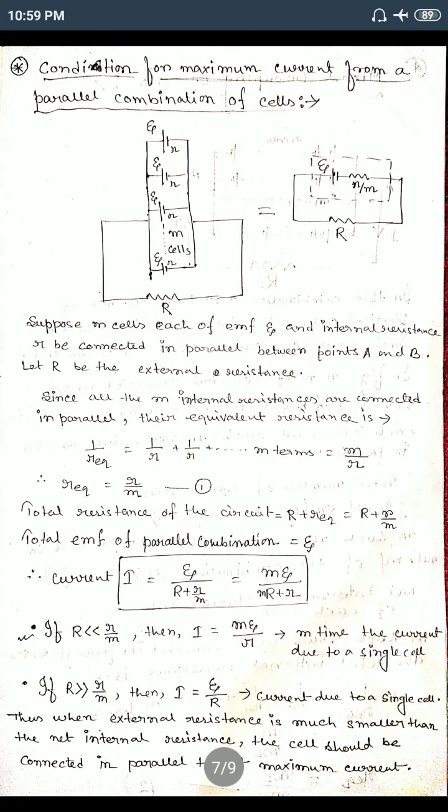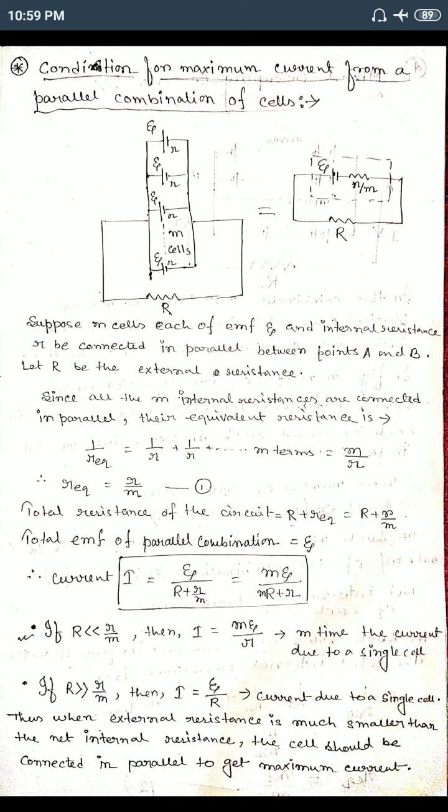Next, condition for maximum current for a parallel combination of cells. In the same way, because in series we considered n cells, here we consider m cells connected in parallel across an external resistance R. Here you see that each cell has the same EMF and the same internal resistance.